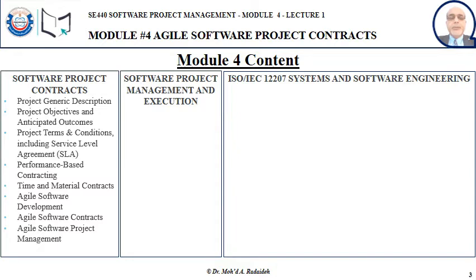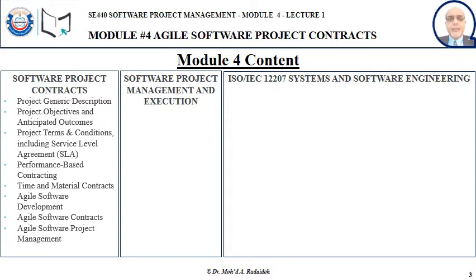Now, the project contracts. In general, any contract would include a generic description of the project to start with, then the objectives and the anticipated outcomes of that project, and then the terms and conditions, including the SLA, the service level agreement. Also, the IPs should be addressed in the contract.